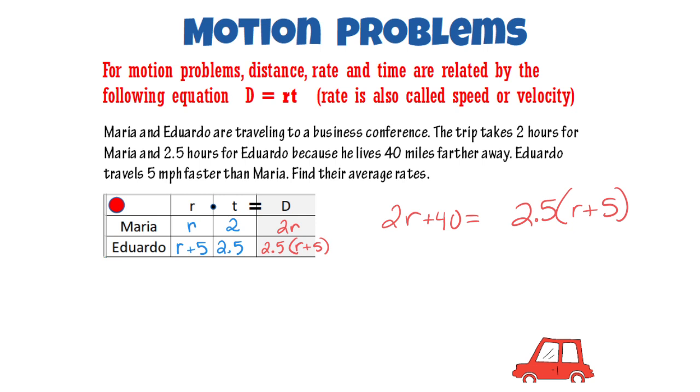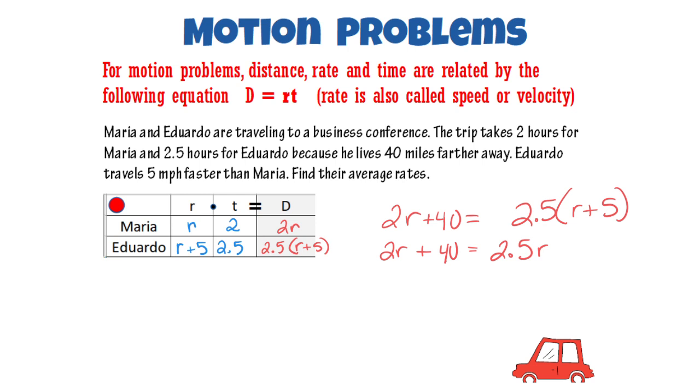Now, I've got my plan in place. I've got my equation. I wrote the model. Now we're ready for the perform, do the math. Let's go through this. Let's distribute on the right. Do you know what 2.5 times 5 is?